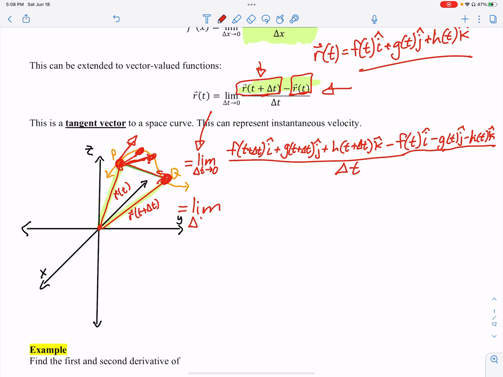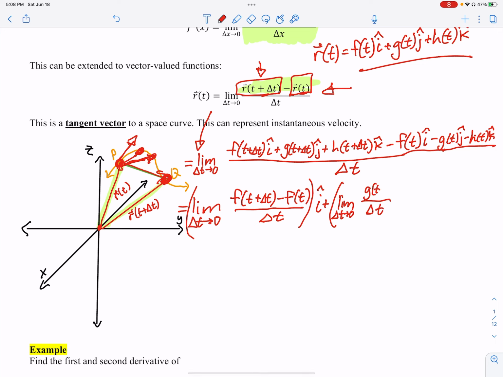I can make the limit go to all three. There are three big parts here. The first part is I'm going to take f of t plus delta t minus f of t, and I'm going to put that over delta t, because we can split it up like that. This now is my i component, and we should put parentheses around this limit here. Plus the limit as delta t goes to 0 of the g stuff, g of t plus delta t minus g of t, over delta t, j.